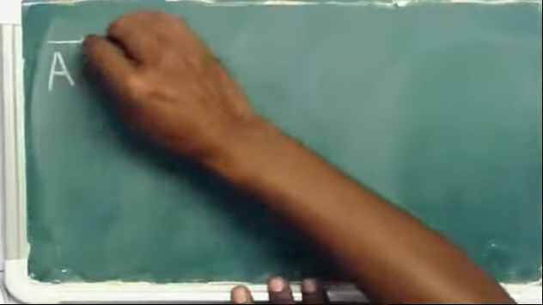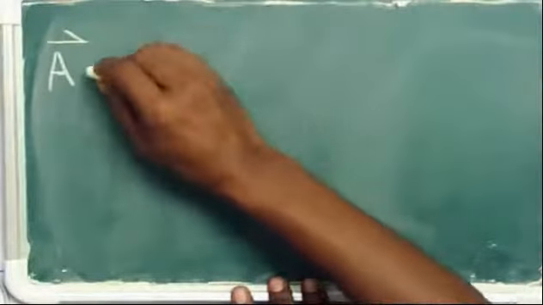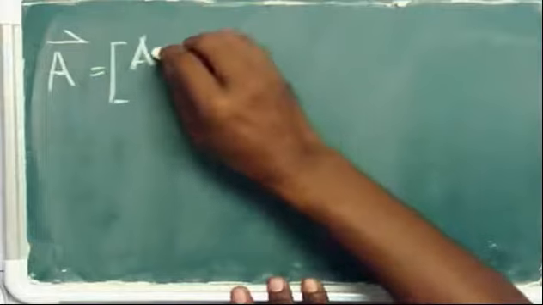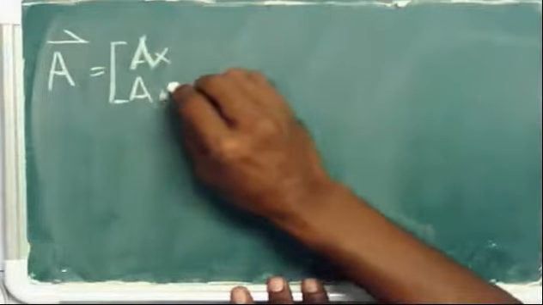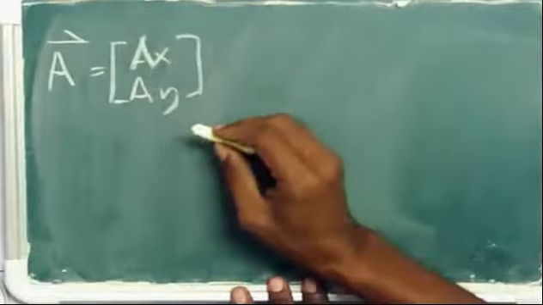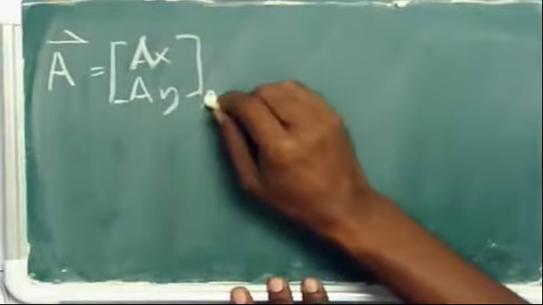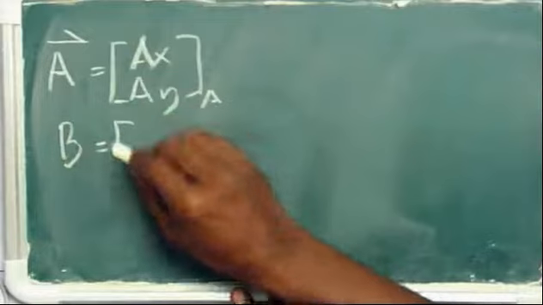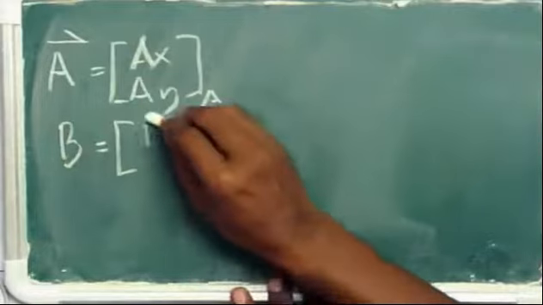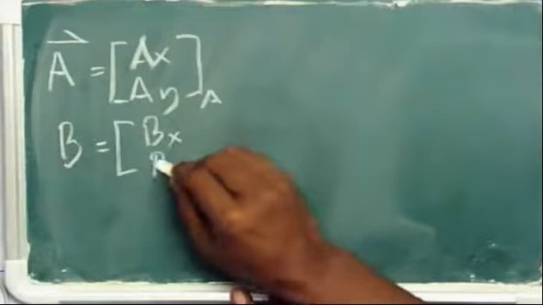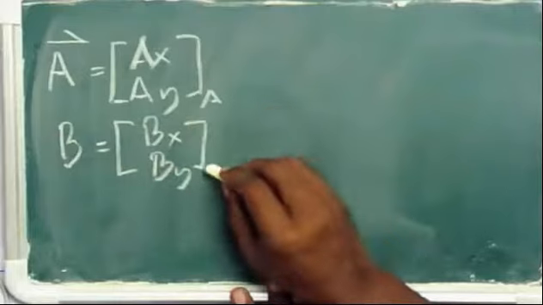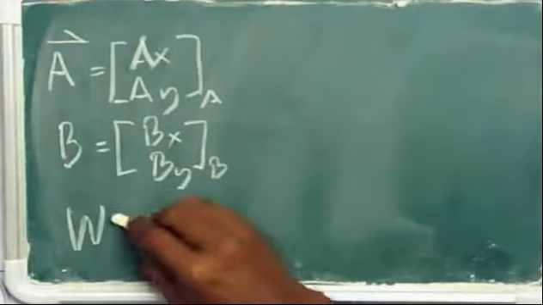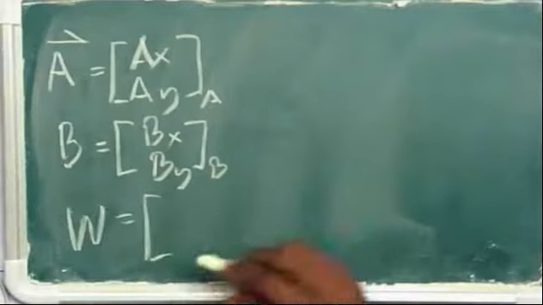Force vector A, I'm writing it in matrix form, AX and AY, and I'm going to put here point A, BX and BY at point B, and for the weight we're going to use the conversion matrix.